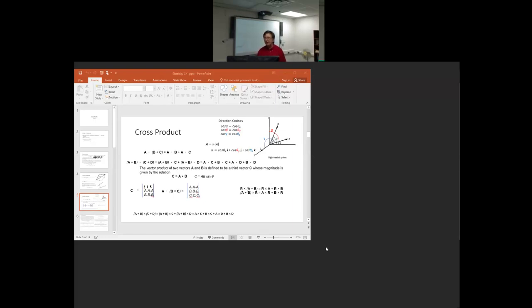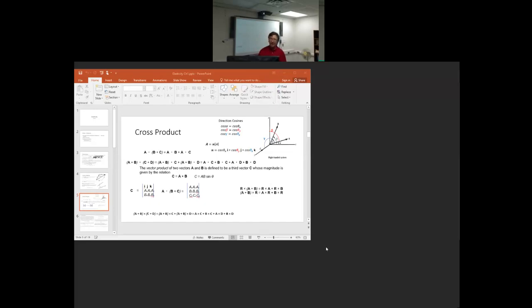If B is first and A is second, then C would be opposite. So in other words, A cross B is not the same as B cross A. You cannot do the same with cross product as you could with dot product. However, if you know the angle theta between them, you can find the magnitude of C by taking A, B, and the sine of the angle.